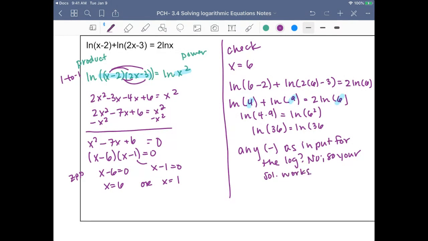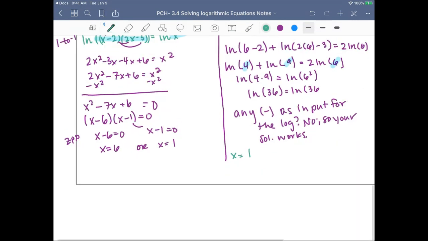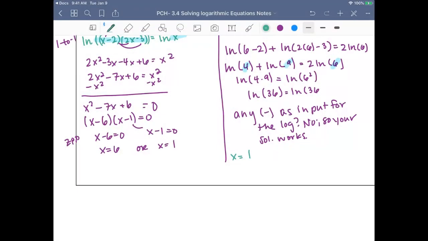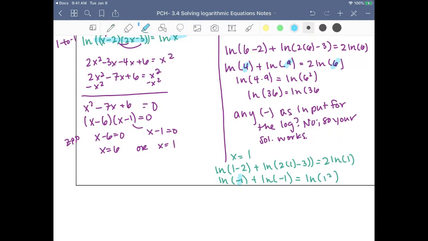We're going to do the same thing again, but with x is equal to 1. All right, so the ln of 1 minus 2 plus the ln of 2 times 1 minus 3 is equal to 2 times the ln of 1. All right, so I get ln of negative 1 plus the ln of negative 1 is equal to the ln of 1 squared. And I see right now, can you take the ln of a negative number?